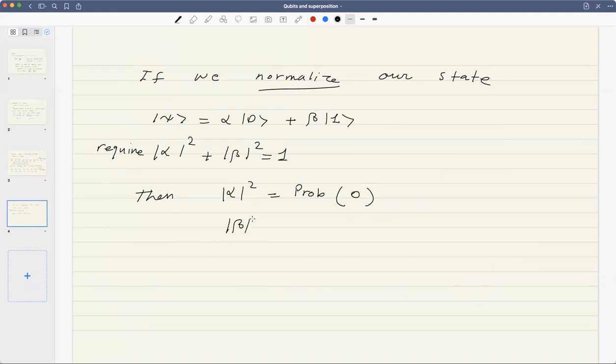And this is the probability of finding 1. And these numbers add up to 1, so that makes sense. So then the sum of the probabilities of all possible outcomes is going to be 1. So this is known as the normalization condition.